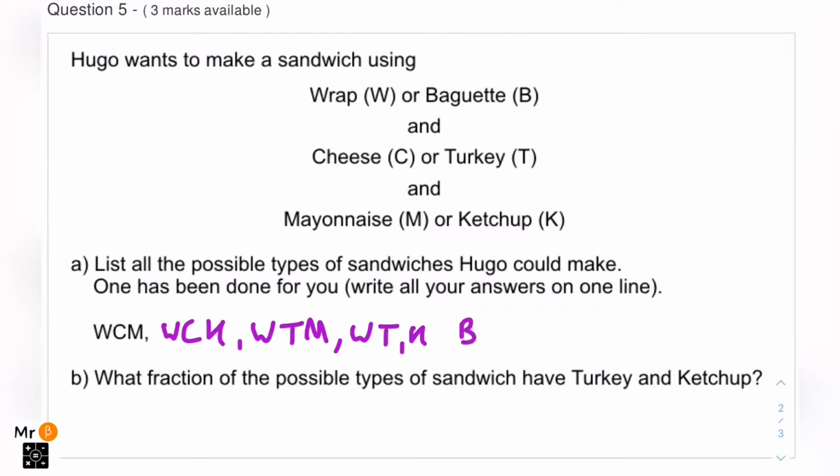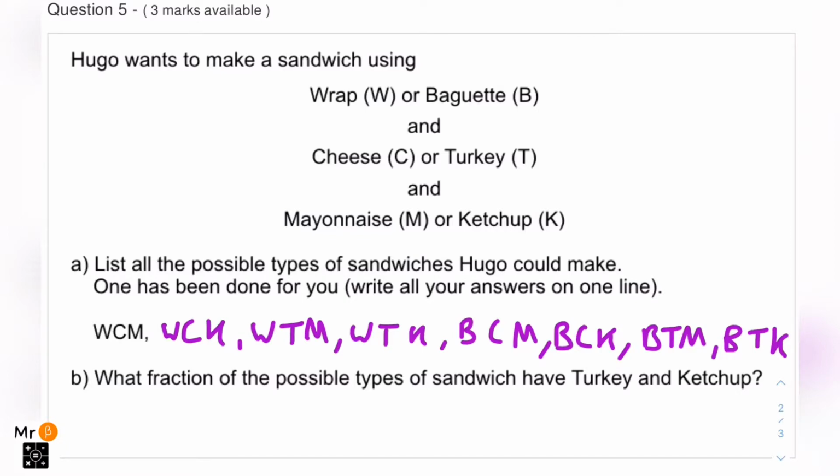Or he could have a baguette with cheese and mayonnaise, a baguette with cheese and ketchup, or you could have a baguette with turkey and mayonnaise, or a baguette with turkey and ketchup. So we have got 1, 2, 3, 4, 5, 6, 7, 8 different combinations there.